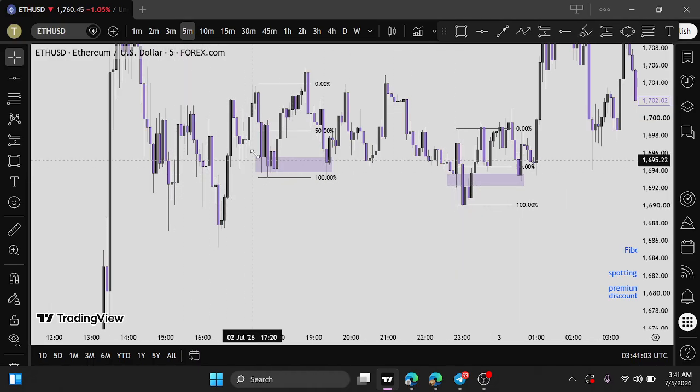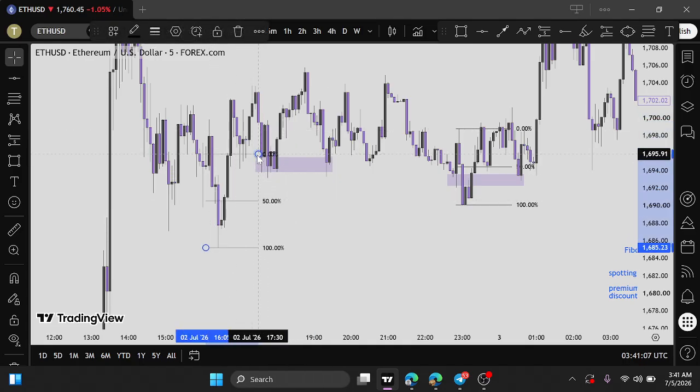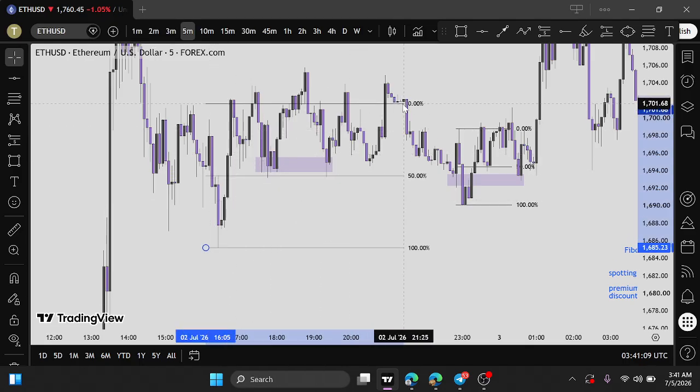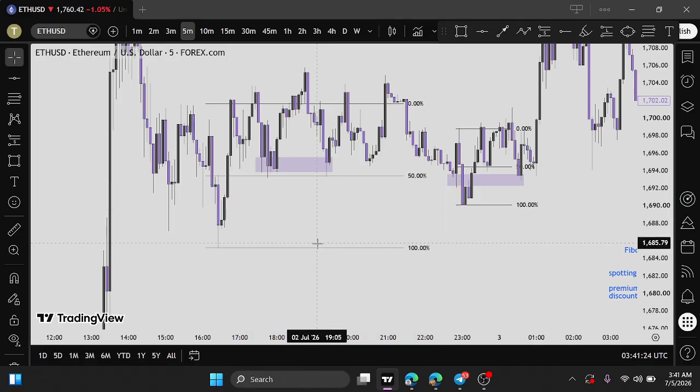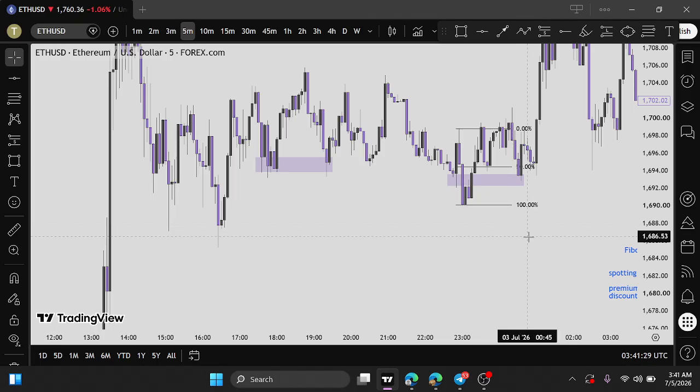If we use our Fibonacci just like this, from here to this high, you can see that the liquidity is sitting at the 50% Fibonacci level, and you saw the market just came down from this algo. And I remember I said I'm not going to be using this zone as an example, but I just show you what Fibonacci can do there.